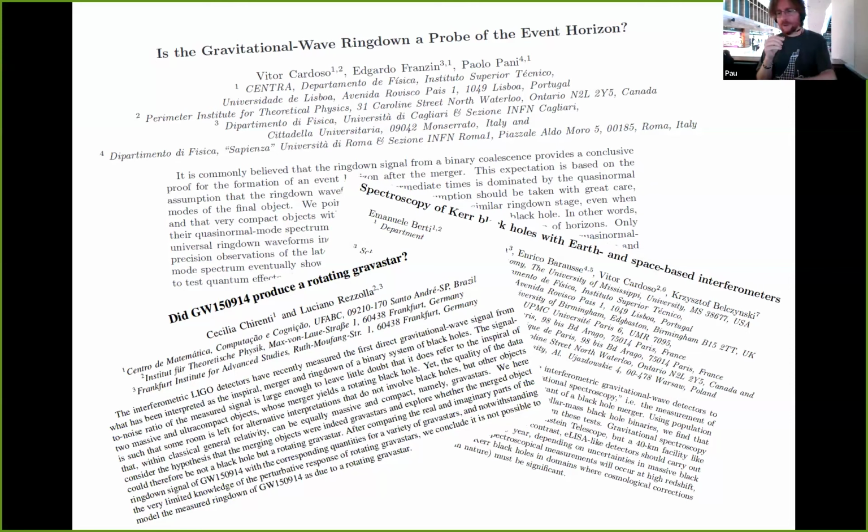So the point is that with LIGO and Virgo, we're still far away from stating that the thing we just detected is a black hole and nothing else but a black hole. This paper by Berti, who is also a good friend of mine, with Barausse, also Cardoso, and Chris Wilczynski, who unfortunately passed away recently, I think two years ago, they published this paper stating what I am telling you.